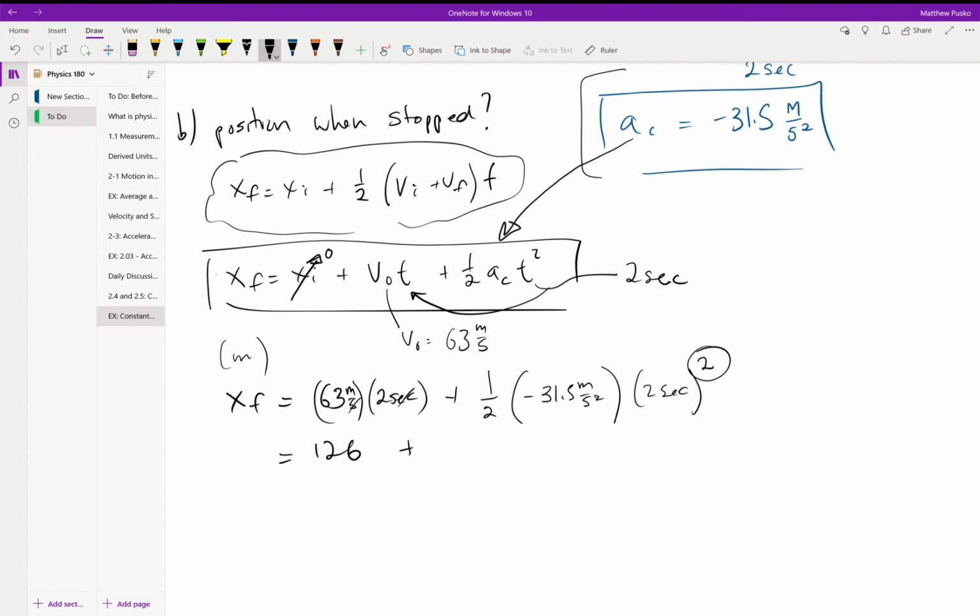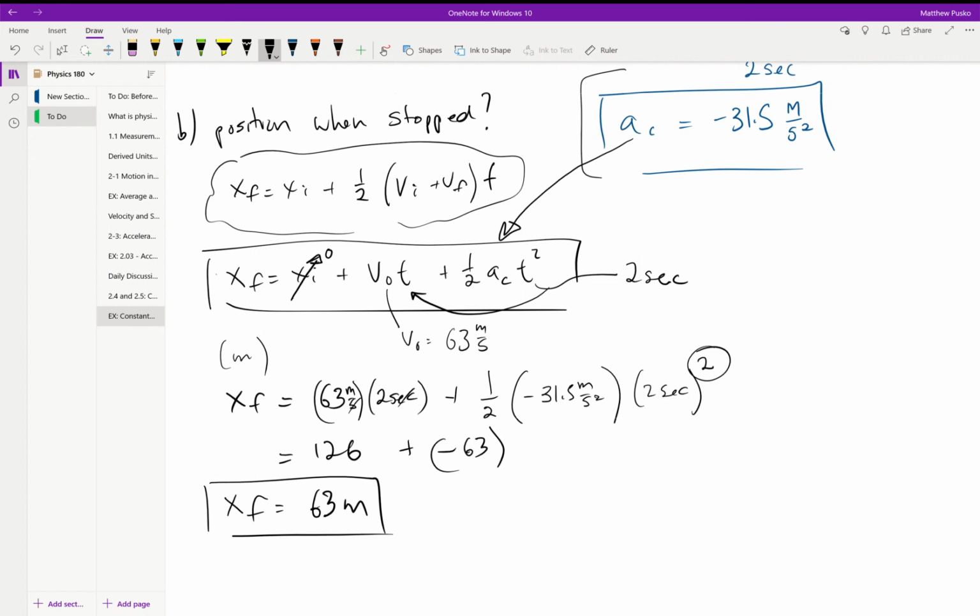Gives me a negative 63. Alright, and adding those together, 126 minus 63 gives us 63. It makes it 63 meters down the deck.